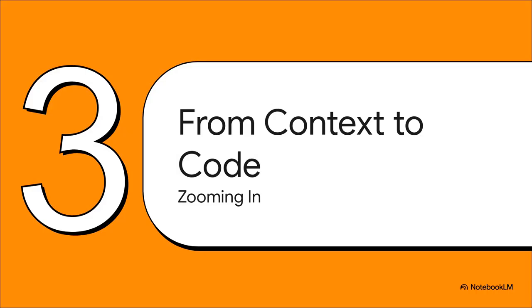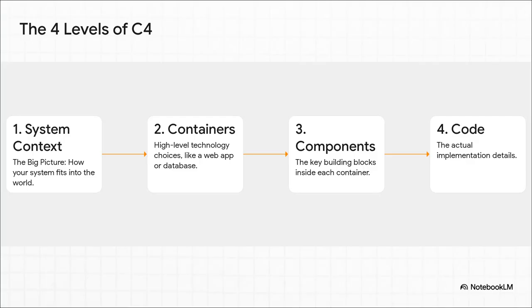Okay, so how does it actually work? Well, the trick is its ability to let you zoom in. It gives you clarity at every single level, from that big 10,000-foot view all the way down to the nitty-gritty of the code. It's all broken down into this logical hierarchy, a journey from the big idea to the final product. So you start at level 1, the system context.